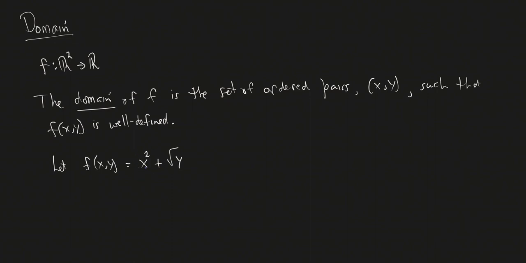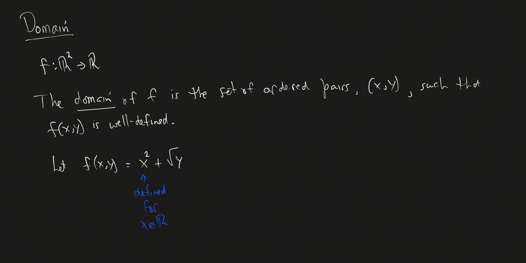Now let's think about the x squared. Well, really, this term can always be evaluated. This term is always well defined, right? So this term alone is defined for all real values of x. This term, the square root, is a little bit different.